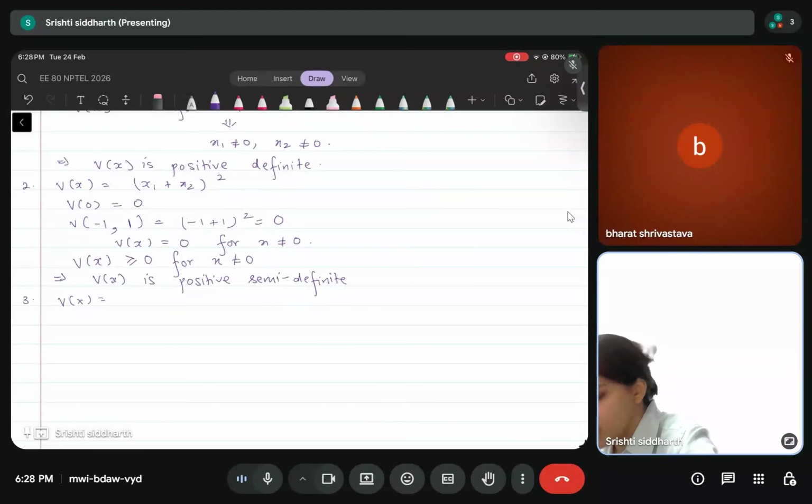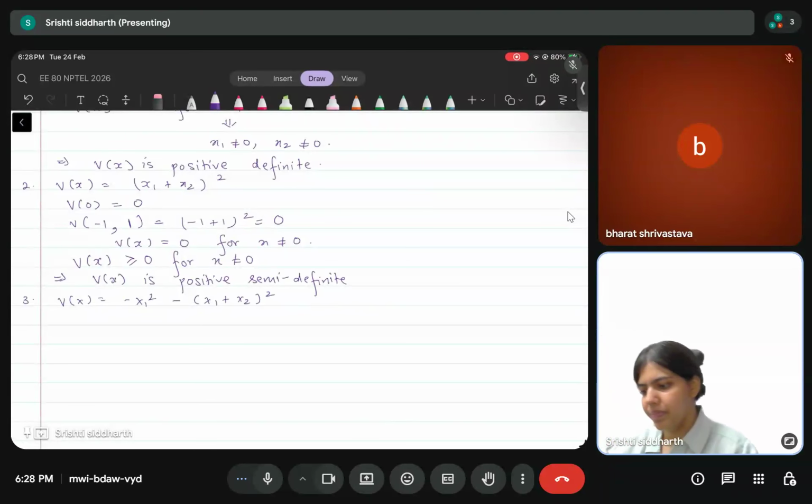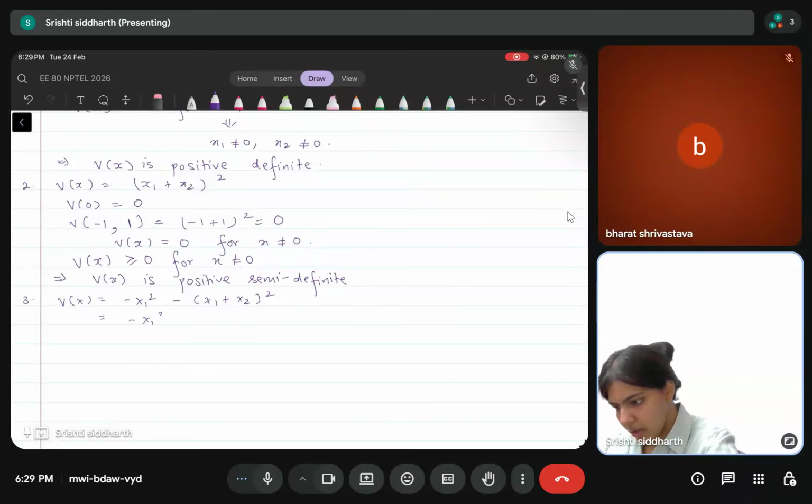Now V of x equals minus x1 squared minus x1 plus x2 squared. Let's expand the second term. This would help us in determining the definiteness.